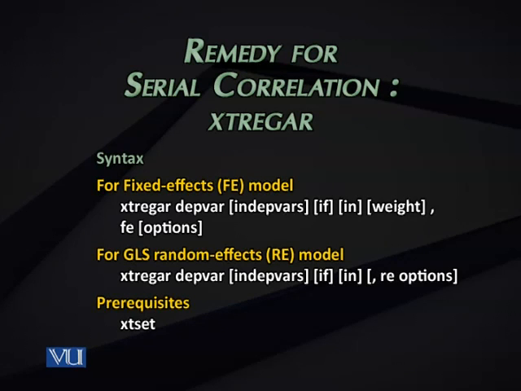The difference in the random effect model is only that instead of FE, you write RE as an option to identify that you want to run a random effect model. So xtregar offers a within estimator for fixed effect models and a generalized least square for random effect models. So it is effective both for running fixed effect models and random effect models.